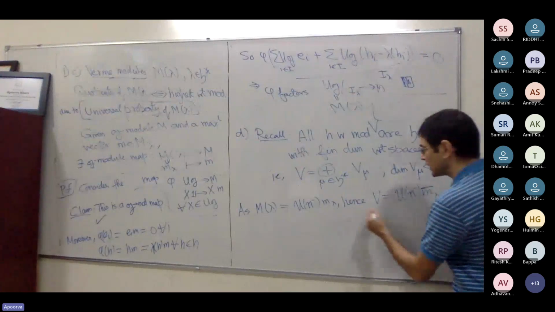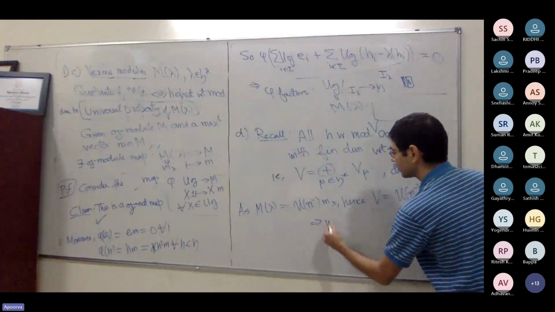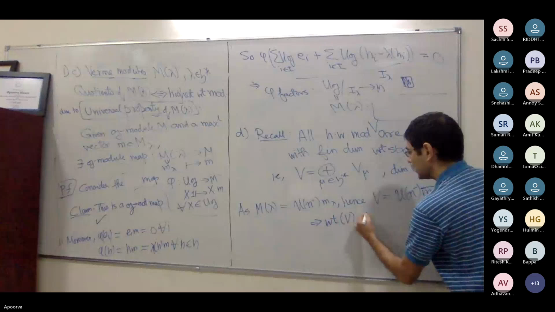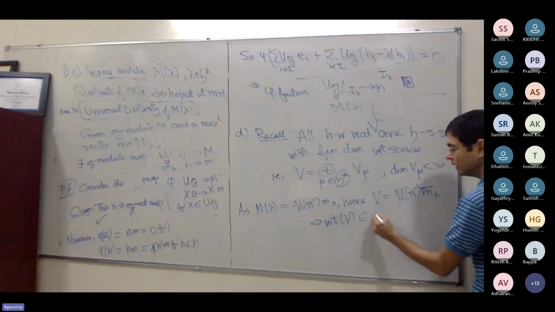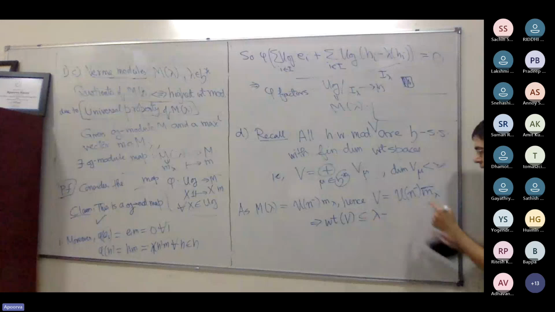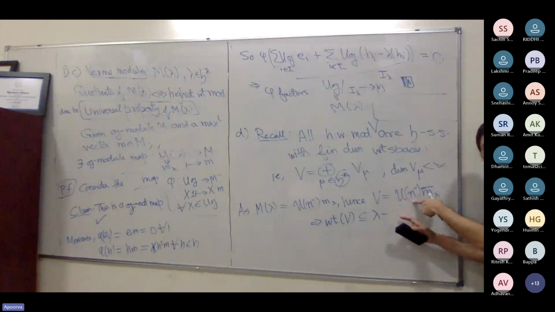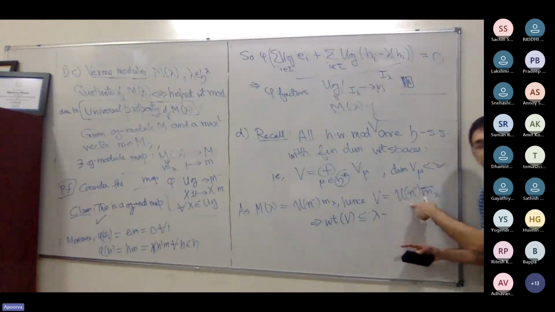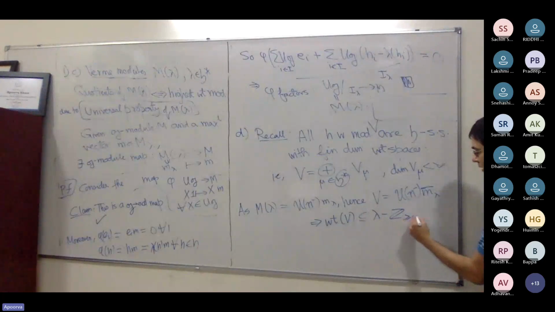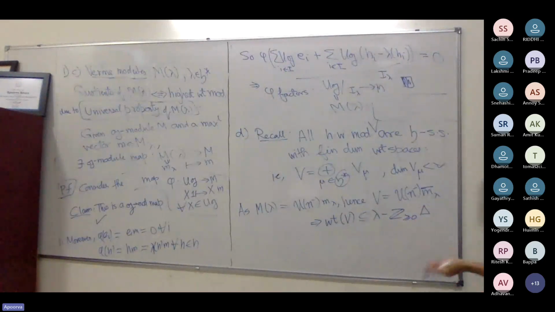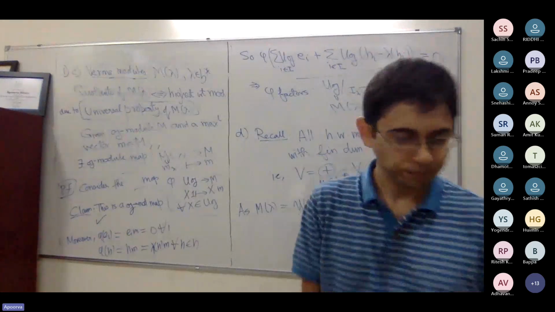And so what does it mean? It means that the weights of this are not just contained in H star, I can improve on this to say it's contained in lambda minus a bunch of positive roots, because you're applying negative root operators to it. So it's basically lambda minus the Z plus span of the positive roots. Okay, so that's the extra stuff.